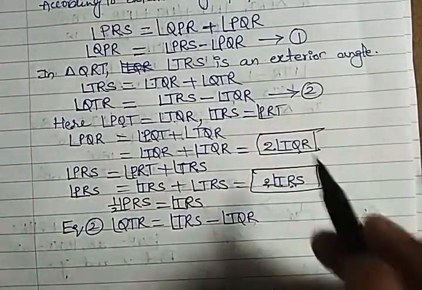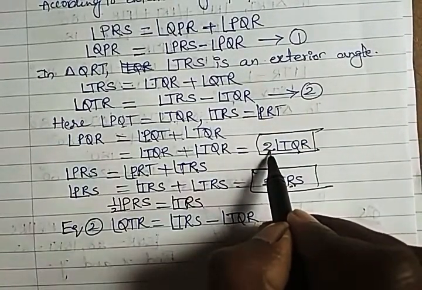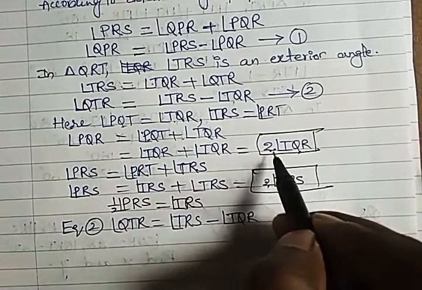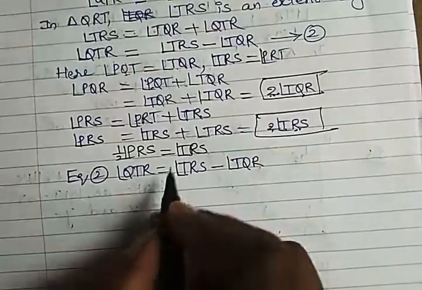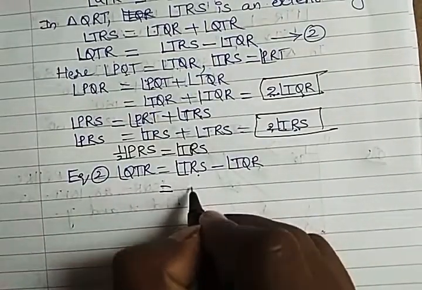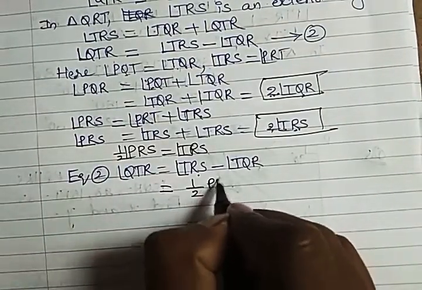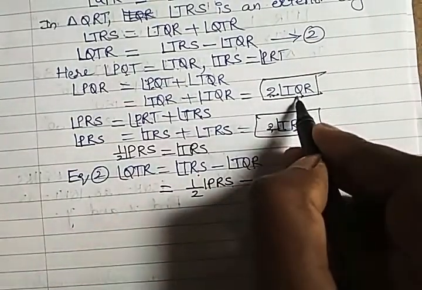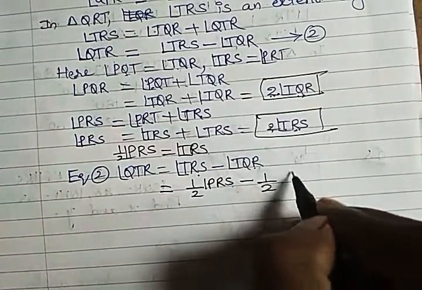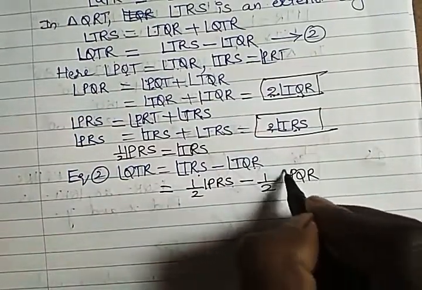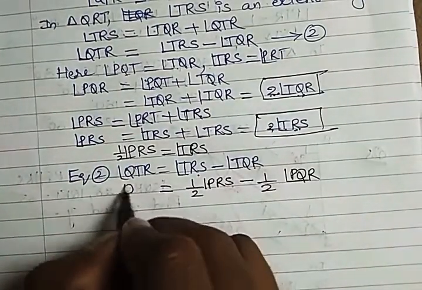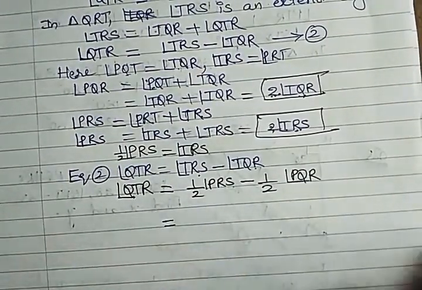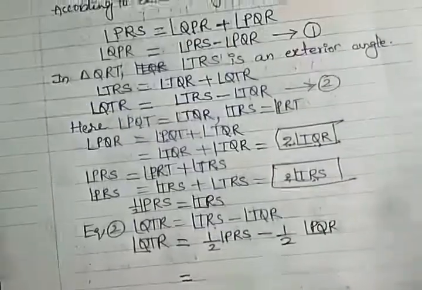If we send this 2 to the left side, it comes to the other side in the product form. So in place of TRS I can write 1/2 PRS minus, in place of TQR we can write 1/2 PQR. Okay, this is equal to QTR. Then next, what are we actually asked to prove?